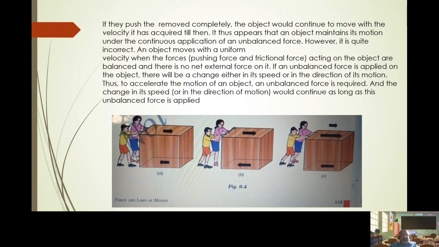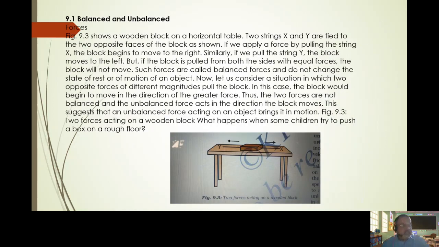Thus, to accelerate the motion of an object, an unbalanced force is required, and the change in its speed or direction of motion could continue as long as the unbalanced force is applied. Unbalanced and balanced forces.